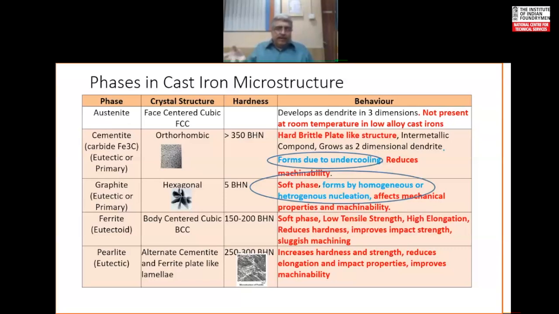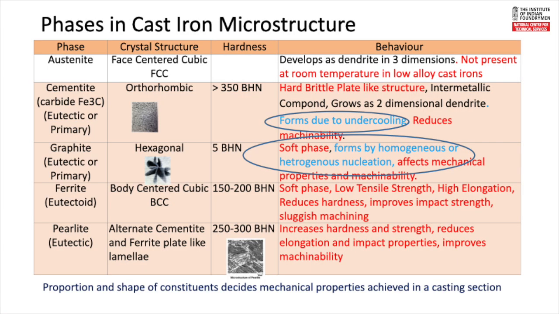Then you have ferrite, which is a soft phase, and you have pearlite, which is alternate lamellae of cementite and ferrite. That is, when the austenite cools below the 723 degree eutectoid temperature, then these transformations will be happening. So please remember these words: undercooling and homogeneous and heterogeneous nucleation, which is also known as inoculation.